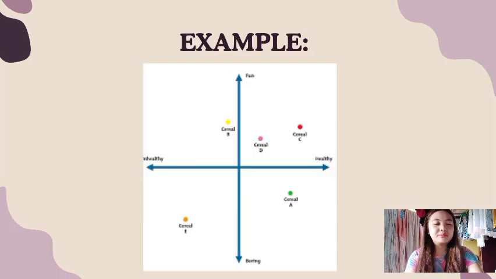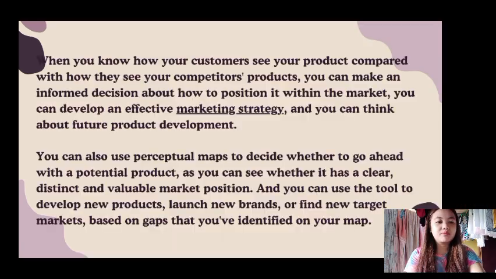For example, imagine that your organization sells breakfast cereal. You want to know how customers perceive your cereal and how they see your competitors' cereal. You think that healthiness and the feeling of fun are dimensions that your customers use to make their purchase decision.